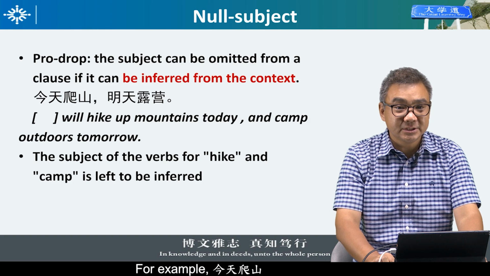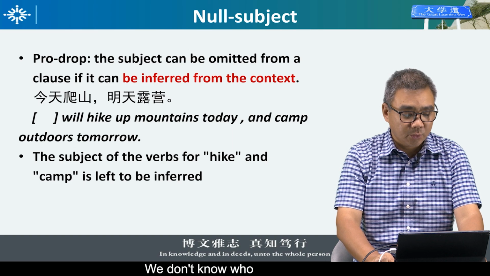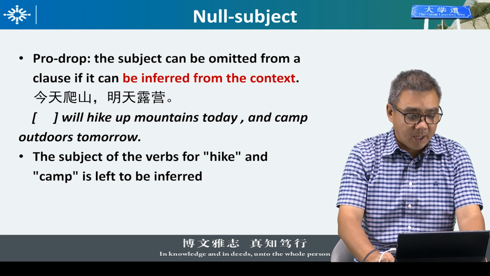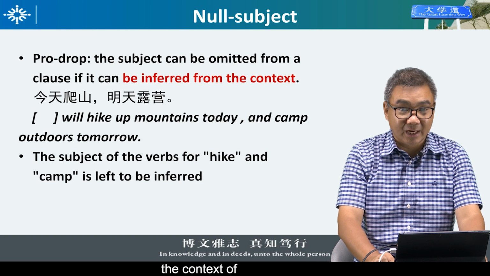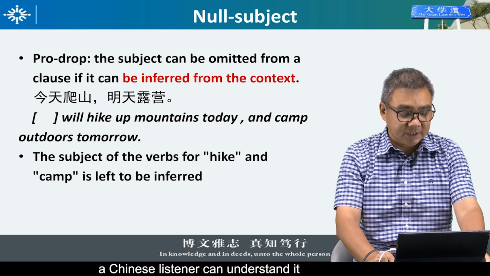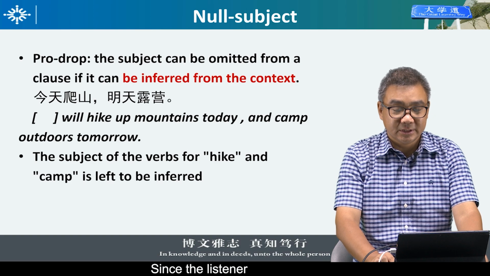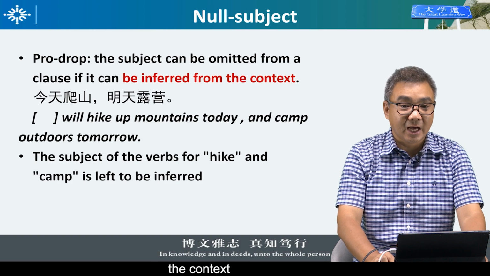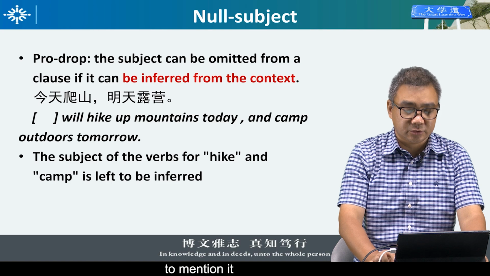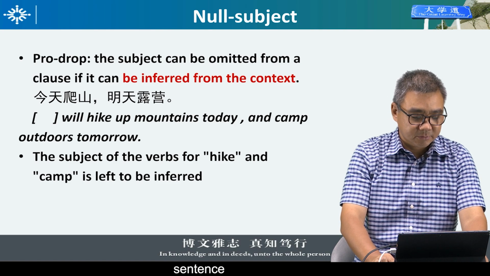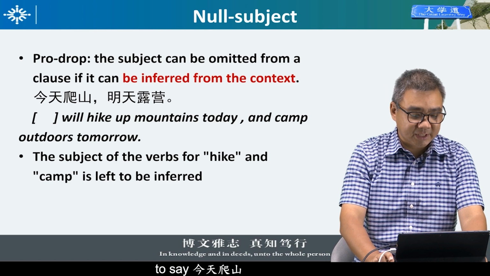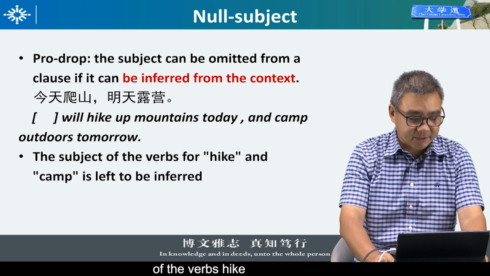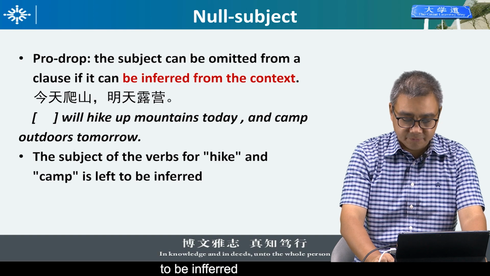For example, 今天爬山，明天露营. We don't know who takes this action, but in the context a Chinese listener can understand it. Since the listener can understand it from the context, it's not necessary to mention it. It is acceptable to say 今天爬山，明天露营, and the subject of the verbs climb and camp is left to be inferred.